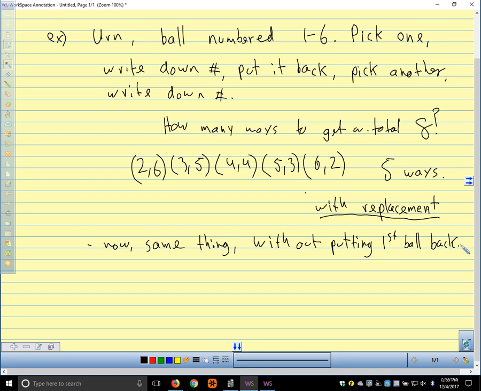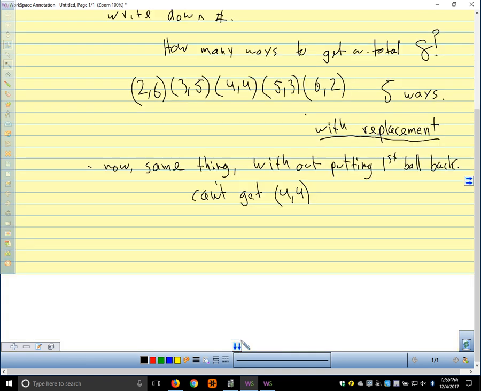Well, what's going to change? We can't get a 4 and a 4, because once we pull the 4 out, it doesn't go back in. So our total is 4 ways.